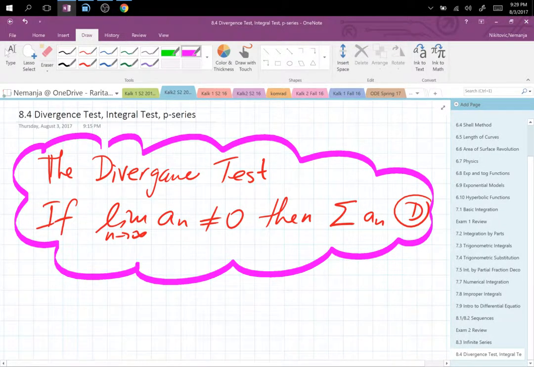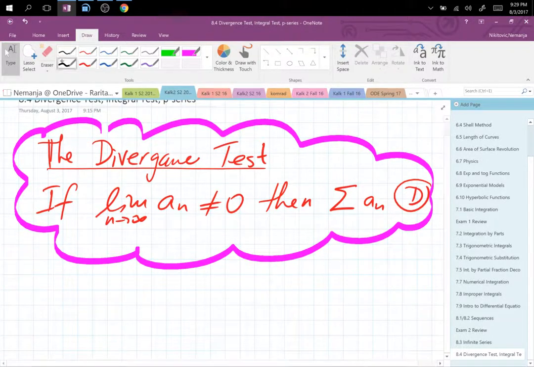So the divergence test says that when you take the limit of the sequence, if that limit is different than 0, you have a divergent series. One more time, a series is the sum of the sequence. Within every series there is a sequence.